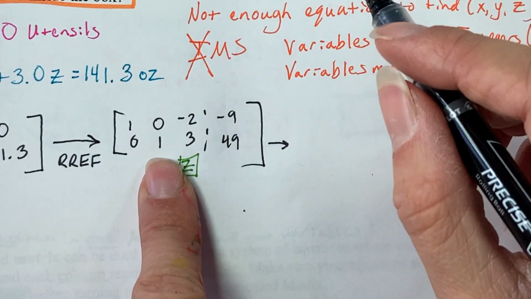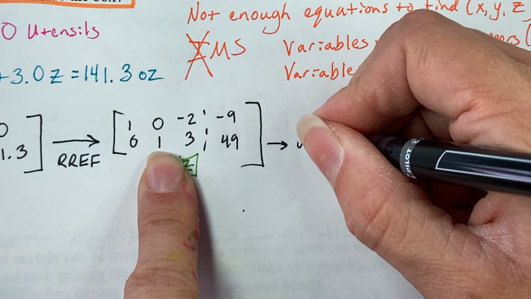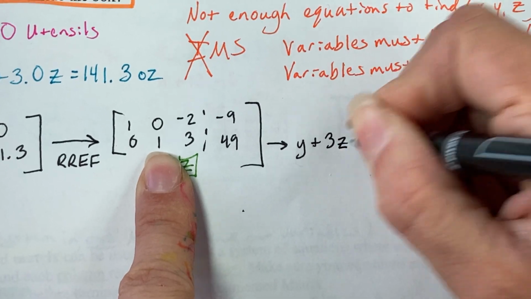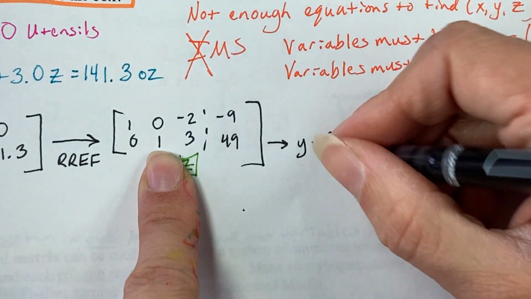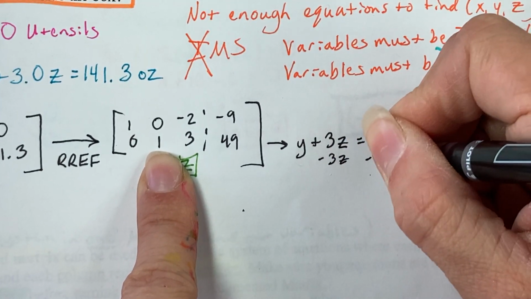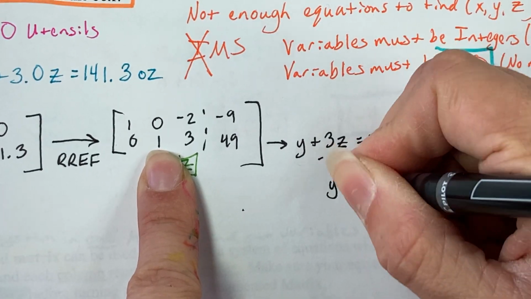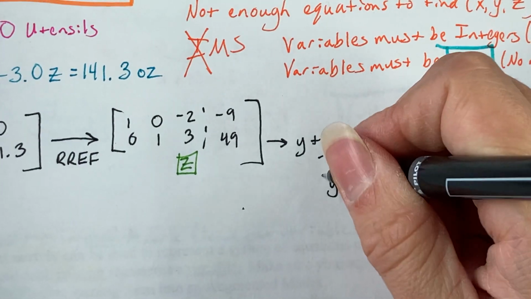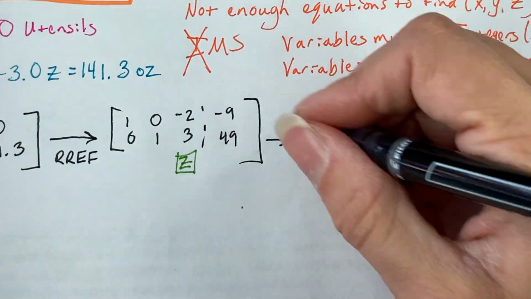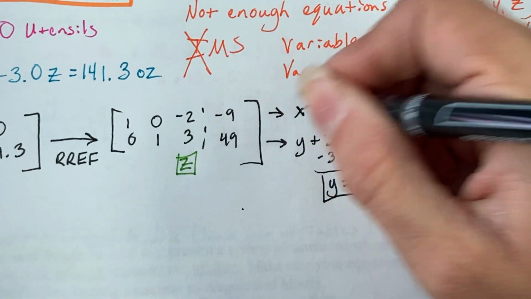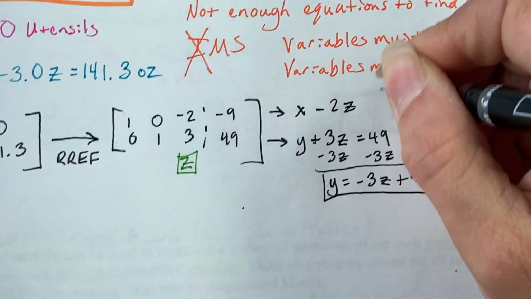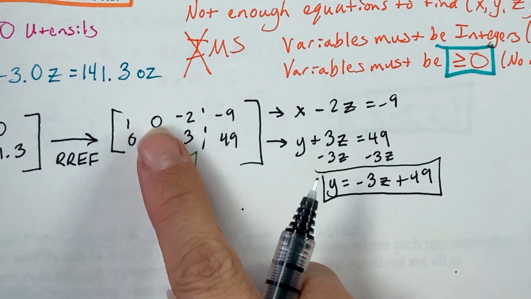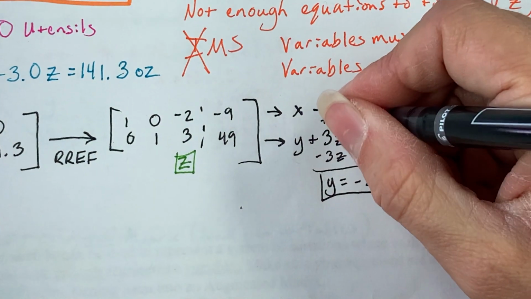So turning that second row back into an equation, Y plus 3Z equals 49. Subtract the 3Z. We get Y equals negative 3Z plus 49. Next row up, X minus 2Z equals negative 9, since there's nothing for the Y there. Add the 2Z.